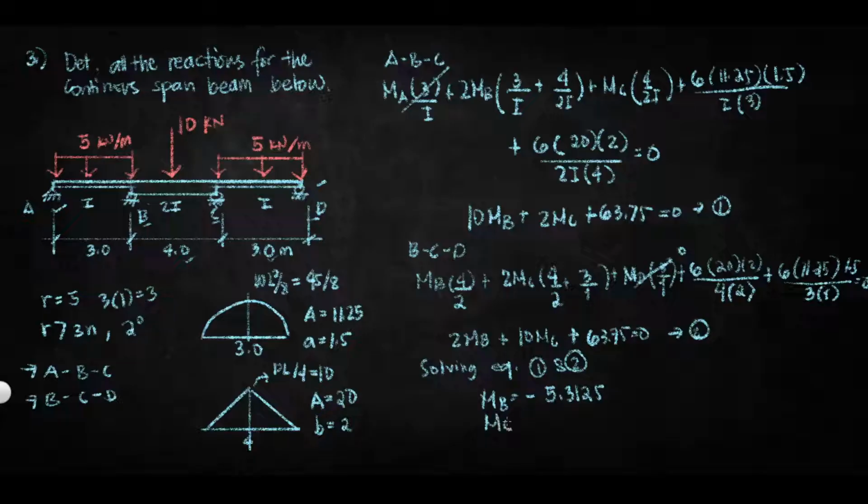Then for MC, the same value, we have negative 5.31. And then we are now ready to solve the reaction after solving po natin N moments, MB, MC. Okay? So parehas na negative 5.3125.